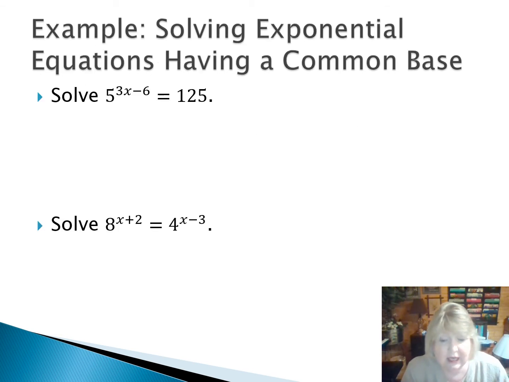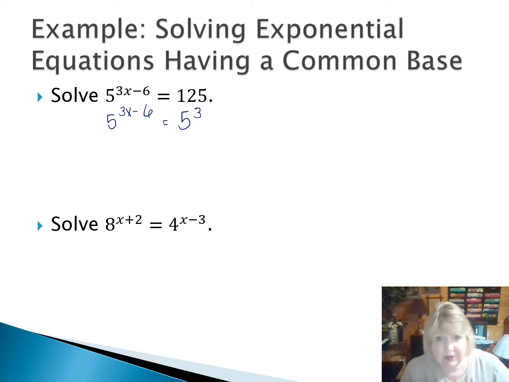So let's take a look at a couple of problems that I can use like bases on. For instance, 5 and 125. I know that 125 is a power of 5, so I know I can use a common base. 5 is the smaller one, so I'm going to leave him alone, and he's to the 3x minus 6. And 125 I want to write as 5 to the 3rd power, 5 cubed.